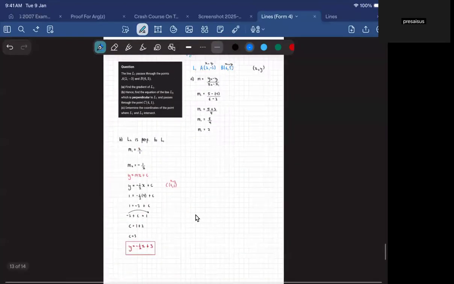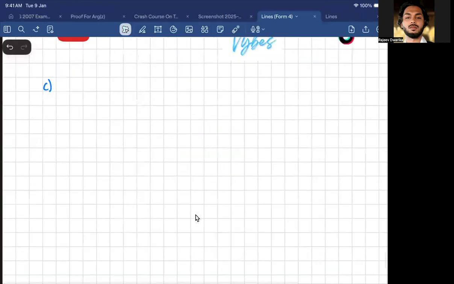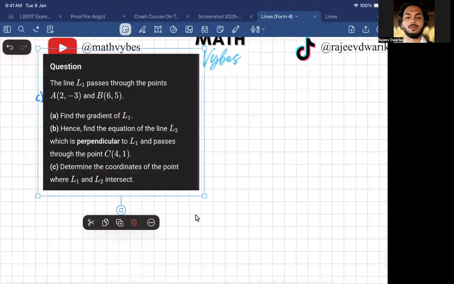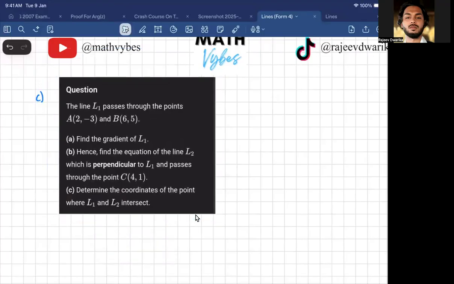All right, Shayna, I feel like you know how to do part C, so let me do part C together and explain it to the rest of the class. So Shayna, I guess you did simultaneous equations already. Okay, I'm not hearing Shayna.